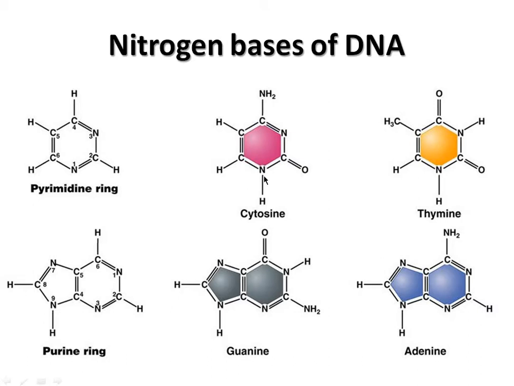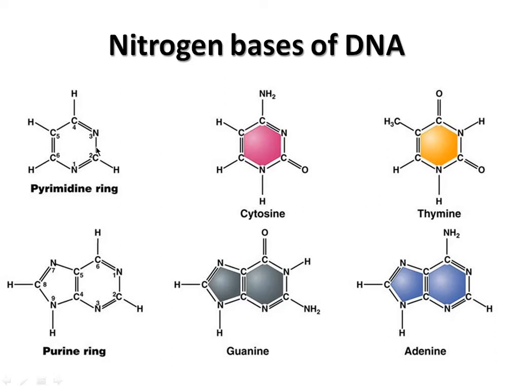Now these are the pyrimidines. Pyrimidines are single ring structures. Now this is a structure of a cytosine molecule. This is a structure of a thymine molecule. And these are purines. Purines are double ring structure. That is, to this benzene ring like structure, there is a side imidazole ring present here.